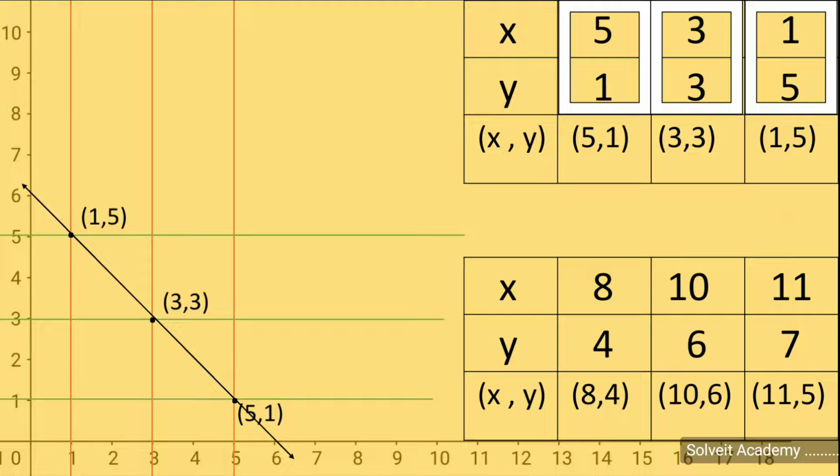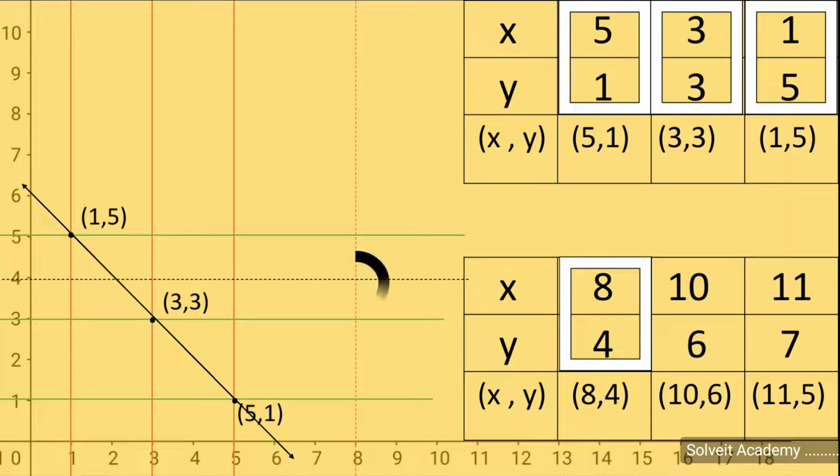Let's see how. We draw the second table from the x minus y equal to 4 equation. In the table, x value is 8, then the y is 4. So we need two lines which cut the x-axis at the point of 8, and the y-axis at the point of 4. The intersection of these two lines is the required point whose coordinates are 8, 4.